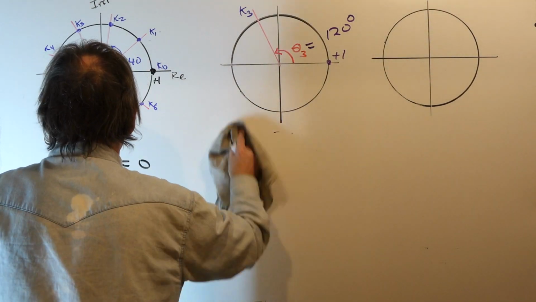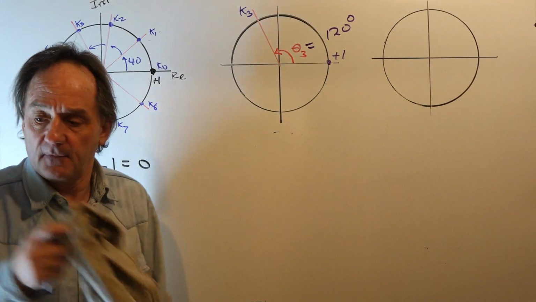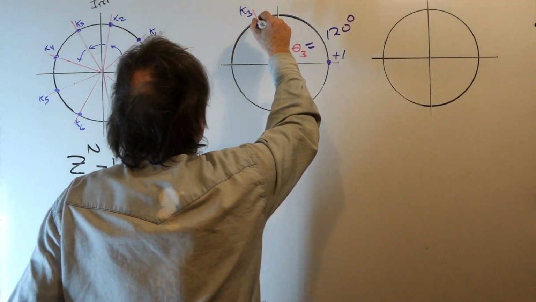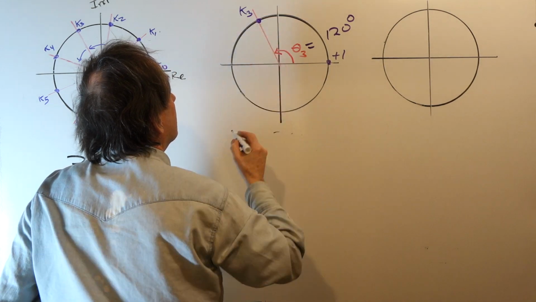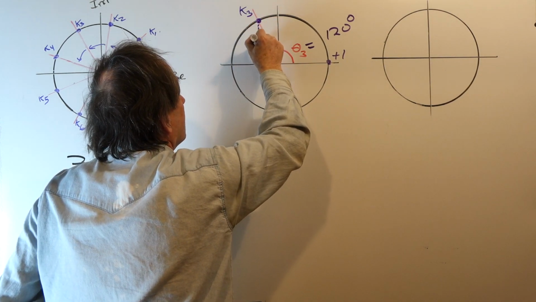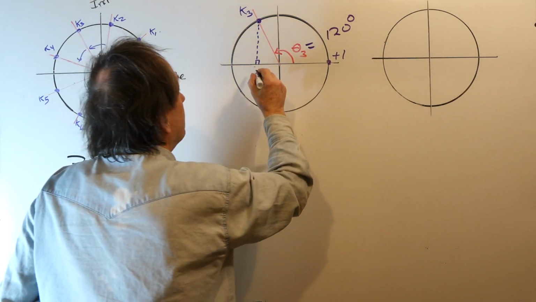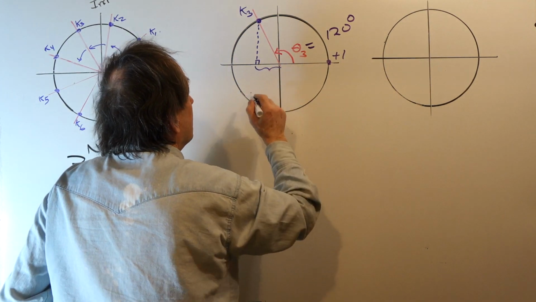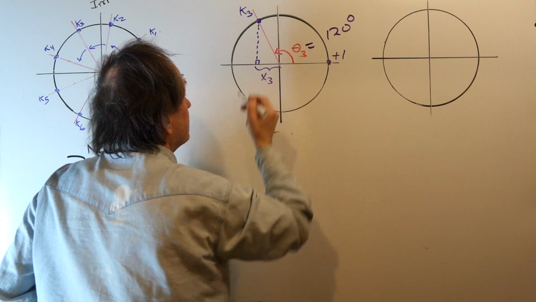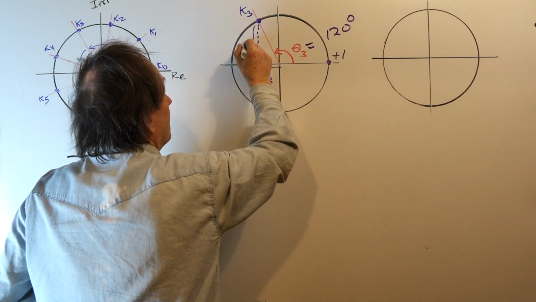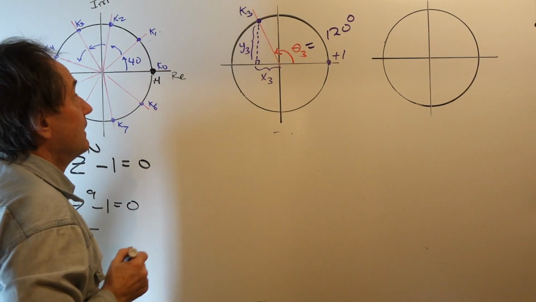We use a little bit of trigonometry to do that, which is quite simple. What we're going to do is project down into a right angle, and we'll call this portion x3, and this side of the triangle is y3.